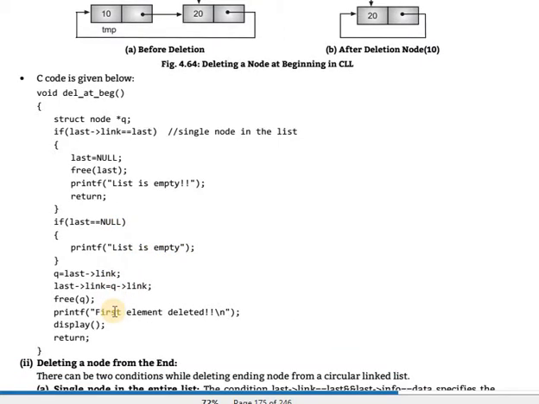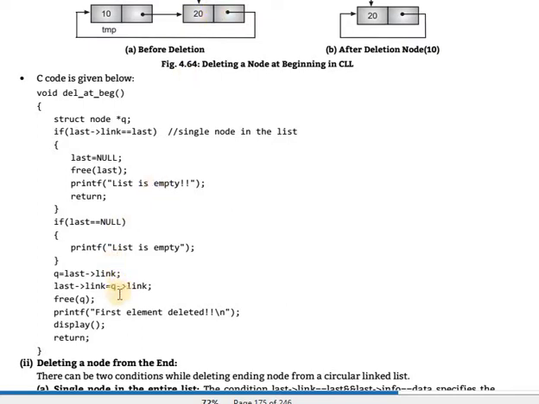Again, check last: when multiple nodes are there and you want to delete the element, at that time the last->link is assigned to the queue. Means last->link is stored in queue.